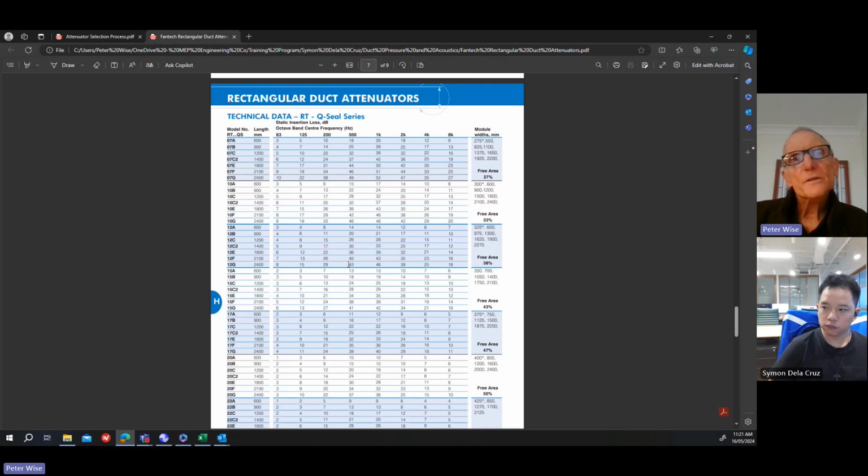And look, to be honest, this is not the way that we normally do it, but if you have to do it, this is a method you can use. The way it normally happens in the contracting environment, once we've worked out the attenuation, you'd send it to someone like Fantech and ask them for selections, and they'll come back and give you the most economical selection for the airflow, for the pressure drop, for the attenuation required.